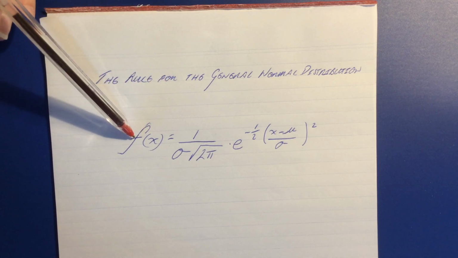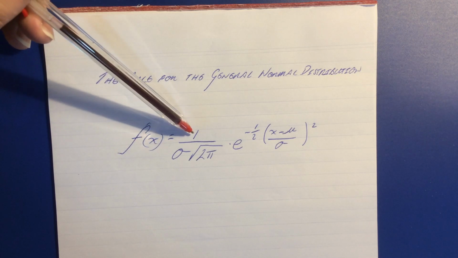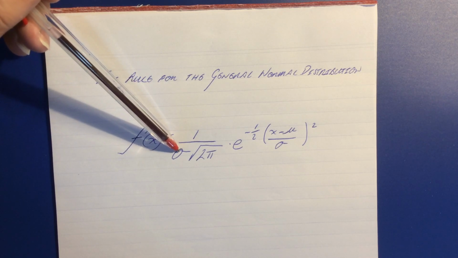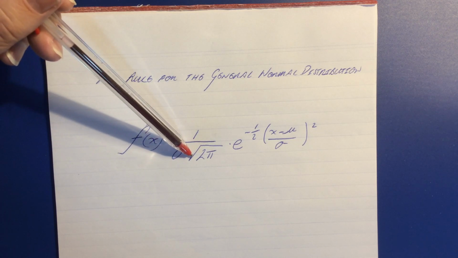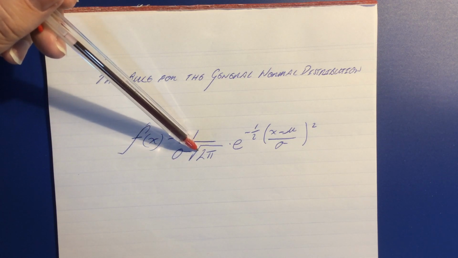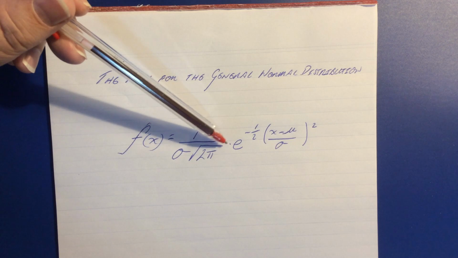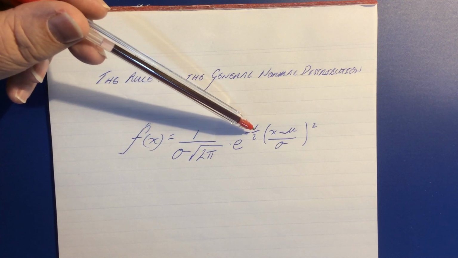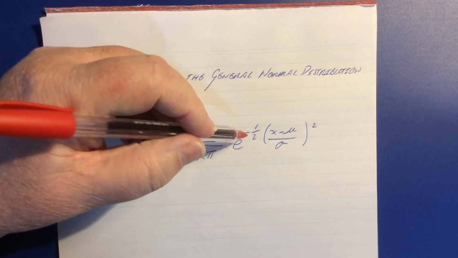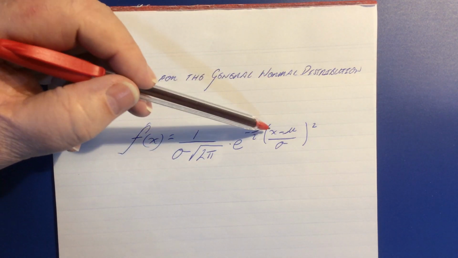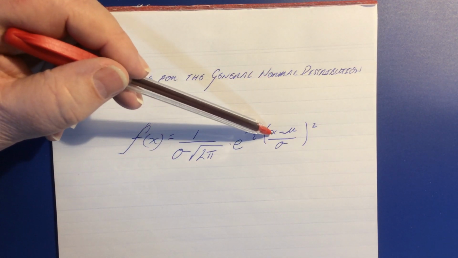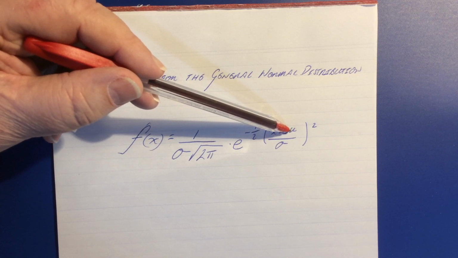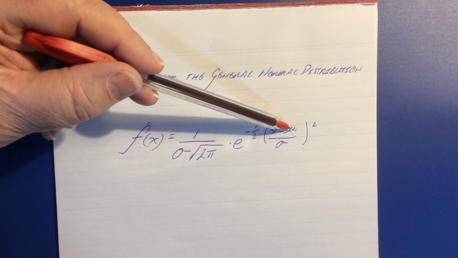Okay, so f(x) is equal to 1 over the standard deviation, that's the standard deviation there, times the square root of 2 pi, times e to the negative half times (x minus mu) over the standard deviation, squared. Now mu is the population mean.